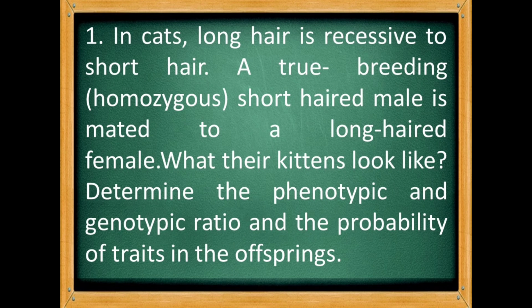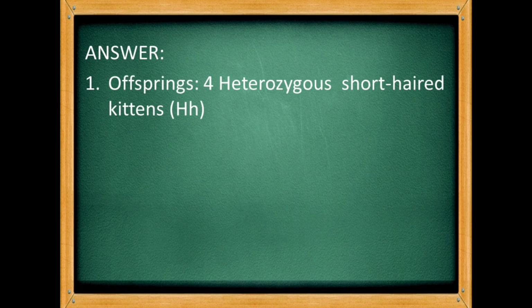Time's up. Let's check your answer. 1. 4 heterozygous short-haired kittens are their offsprings. Uppercase H and lowercase h. 2.